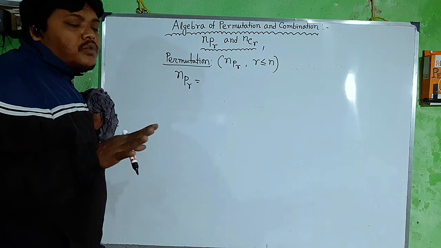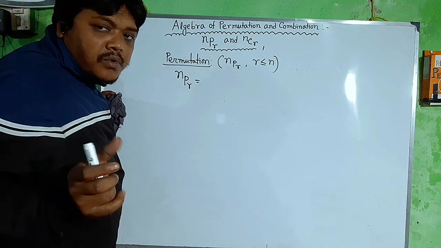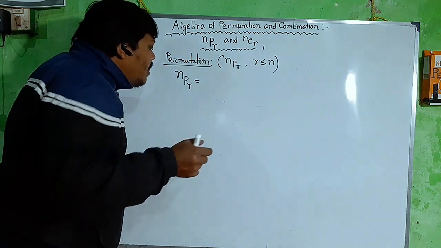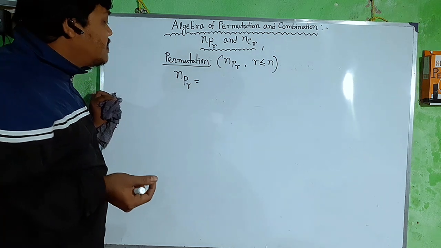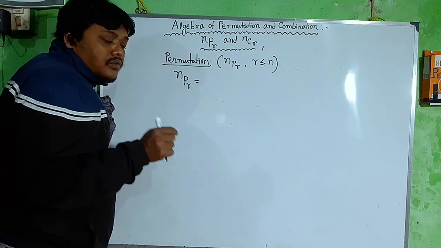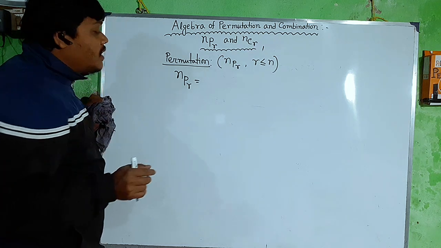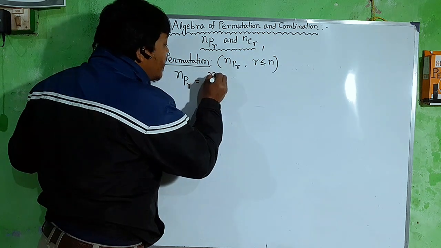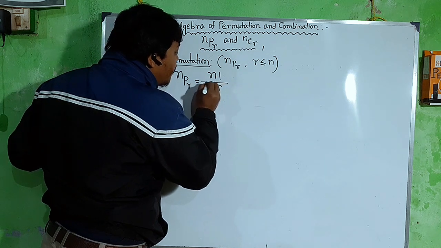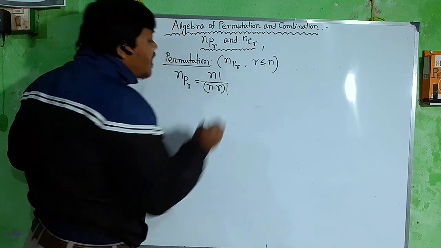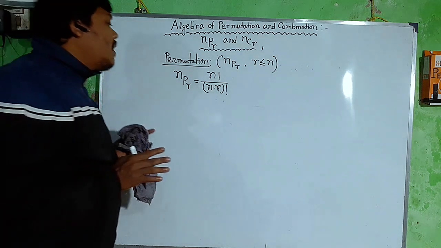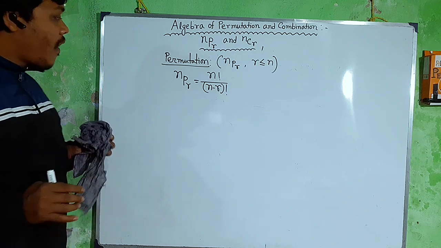We are not bothering about what nPr means conceptually, we are only concerned with the symbol of nPr, because we already know what factorial is. So nPr means factorial n by factorial n minus r.